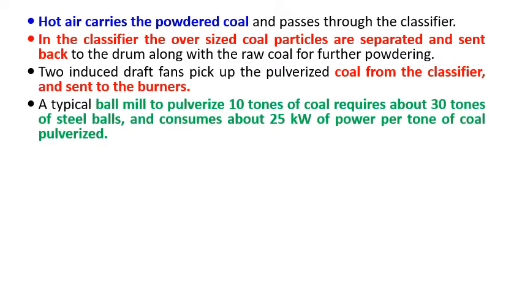A typical ball mill pulverizing 10 ton of coal requires about 30 ton of steel balls, and it consumes 25 kilowatts of power.